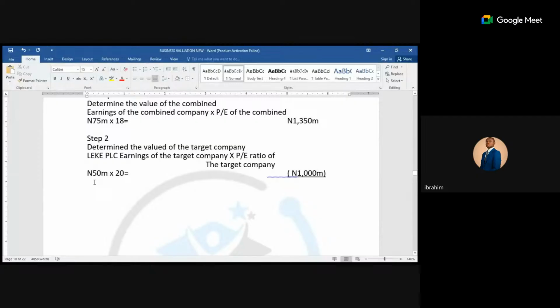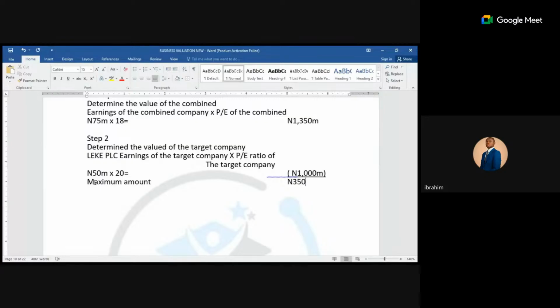So the maximum amount that Lekki will pay is this. This is the maximum amount it can pay.